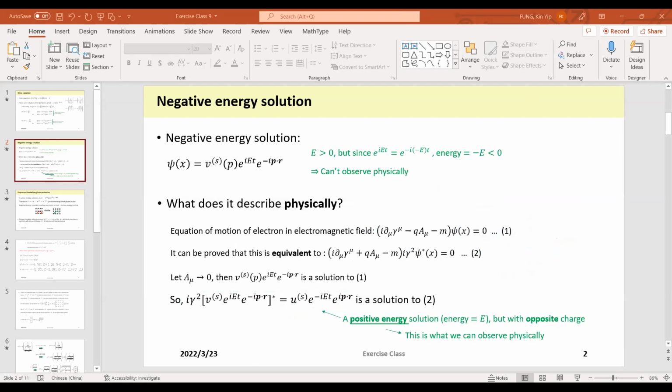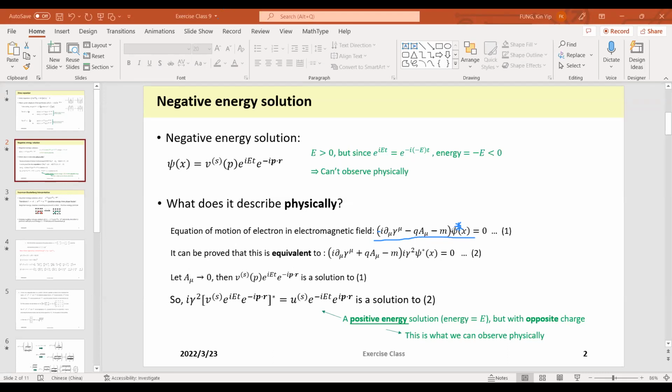Okay, let me find that out. So first, for these equations, we can take the complex conjugate, right? Do you agree on this step?